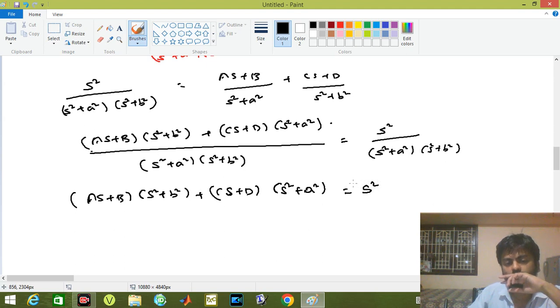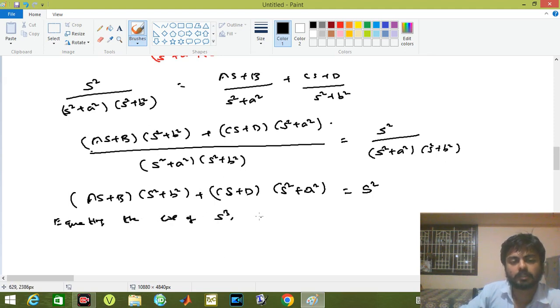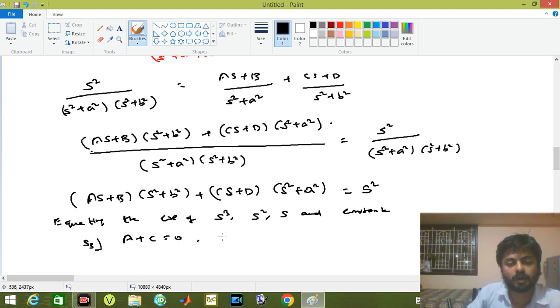So with this we can continue. See, listen, with this you can equate the coefficients of s square and everything, but see, here this is one method. Okay, so here you can equate the coefficients of s cube, s square, s and constant. You will get a plus c equal to 0 for s cube. For s square you will have b plus d equal to 1. This is for s square.